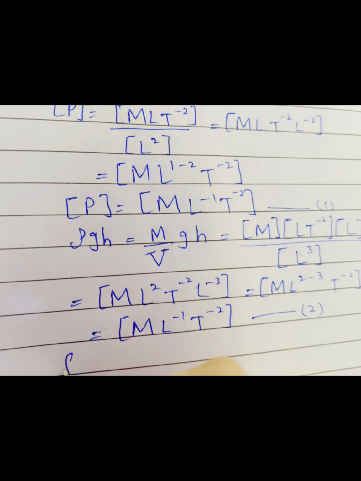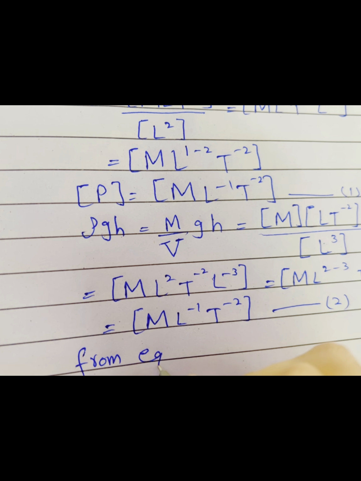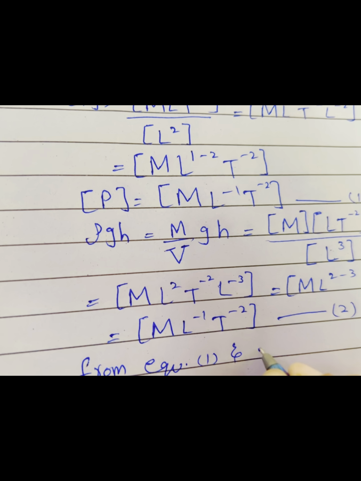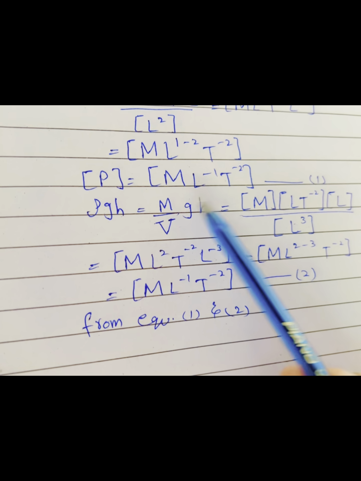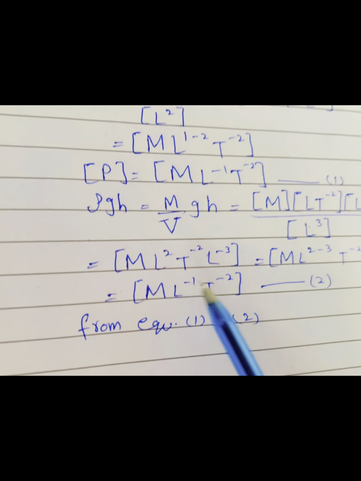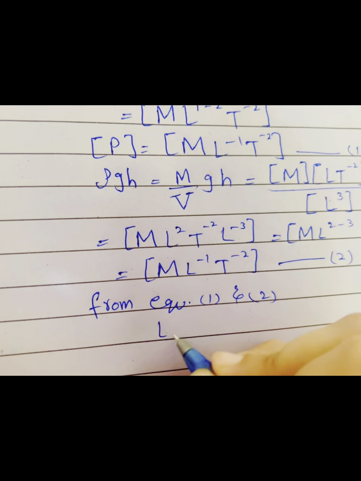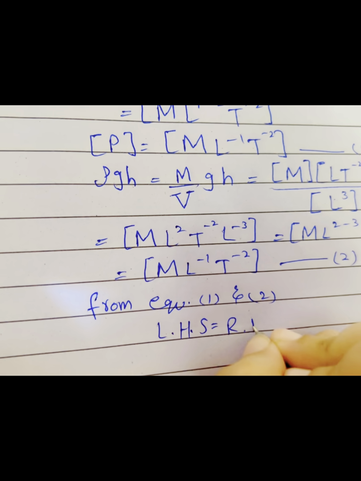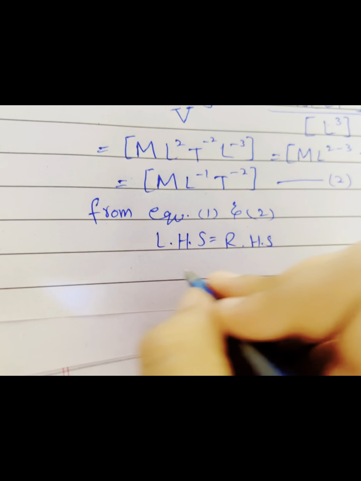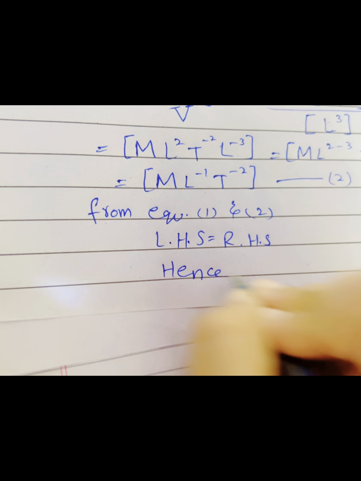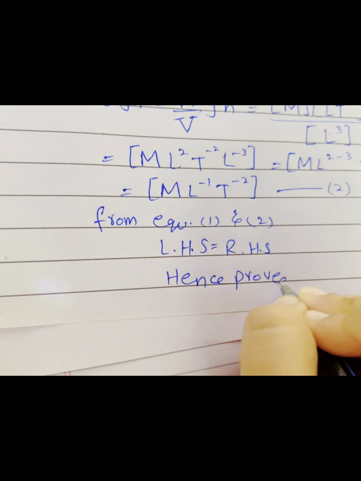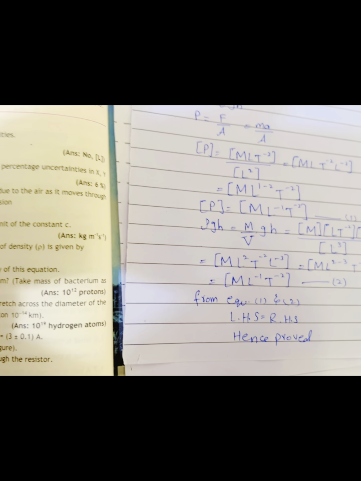So from equation 1 and 2, from equation number 1 ML minus 1 T minus 2, and from equation number 2 ML minus 1 T minus 2, left hand side is equal to right hand side, hence proved. That means this equation is dimensionally correct.